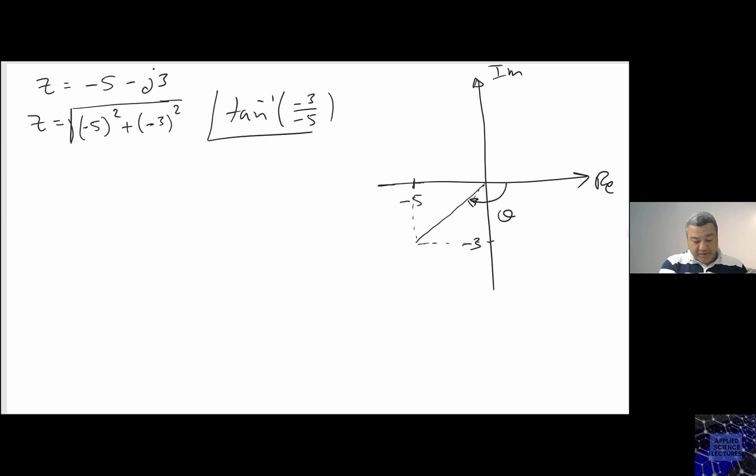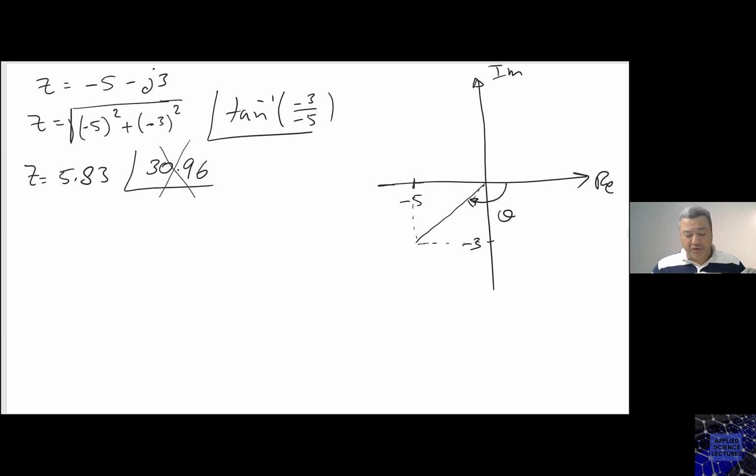So z equals 5.83. And the angle here, based on plugging minus 3 divided by minus 5, is going to be 30.96, which is wrong because this is in the first quadrant and I'm expecting my angle to be in the third quadrant.